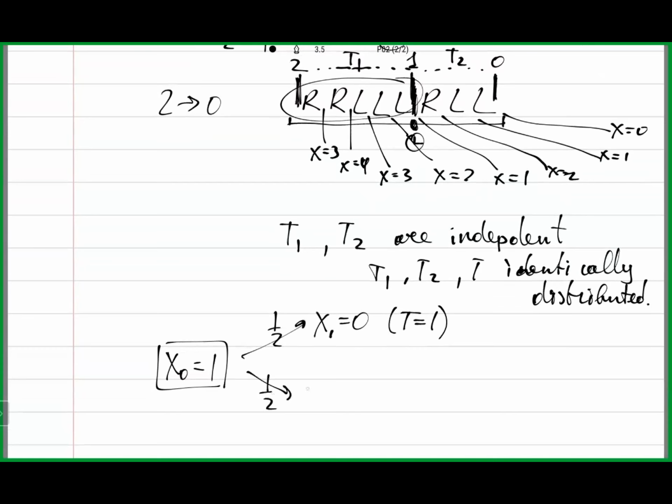If you increase, then what happens? Let's calculate how many steps you need to go from initial 1 to final position 0. So you have done one step, so t is equal to 1 plus t1 plus t2.